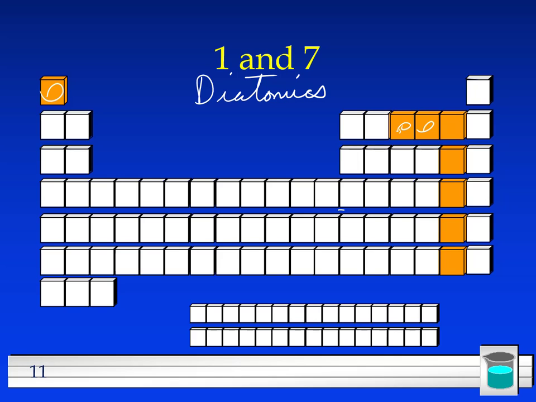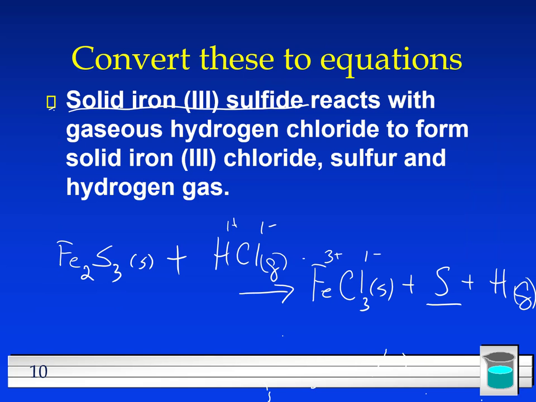Okay, is hydrogen one of the ones that's diatomic? It's number 1, right? So 1 and 7, so number 1. So I shouldn't write H, I should write H2. So on tonight's homework, when you see something by itself, you have to decide, does it get a little 2 or not?